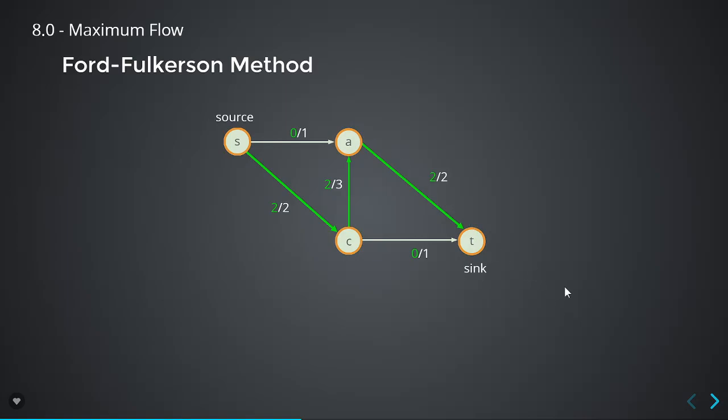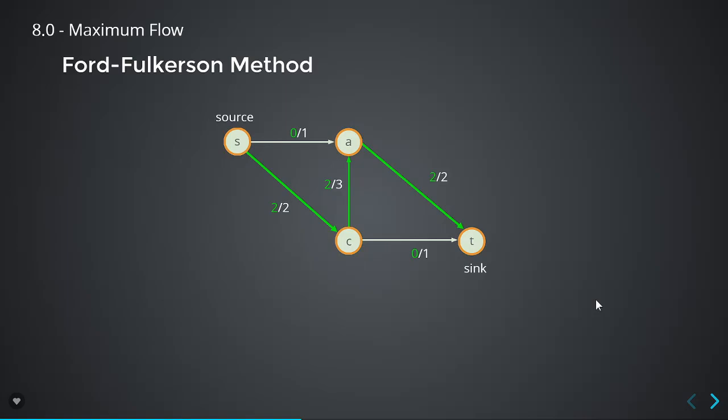And then what? Well, you can't send the goods from S to A anymore because it's full up. A can only send down to T, and that capacity is 2. So if I send 1 to A, where are you going to send the 1? You're going to break the rule of flow conservation. So you can't choose any path randomly and hope that it will give you the maximum flow, because obviously it failed here.